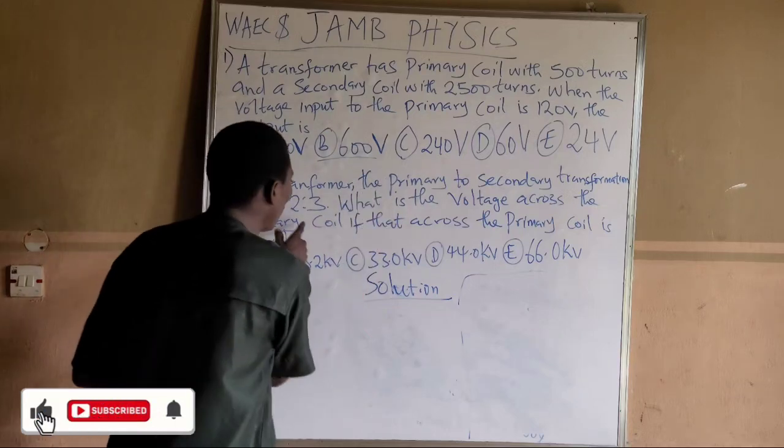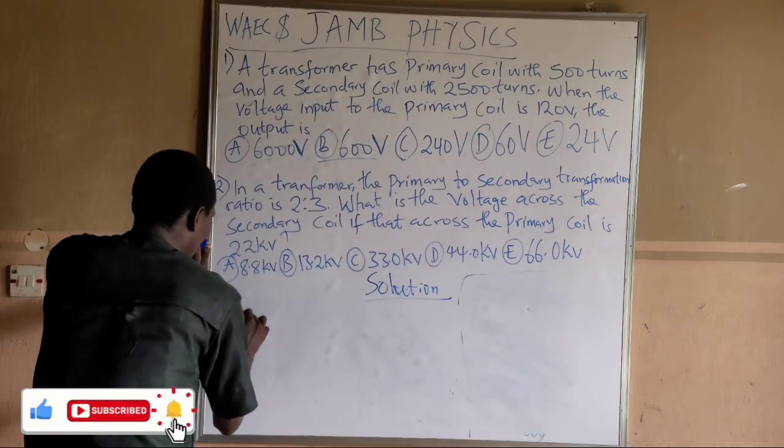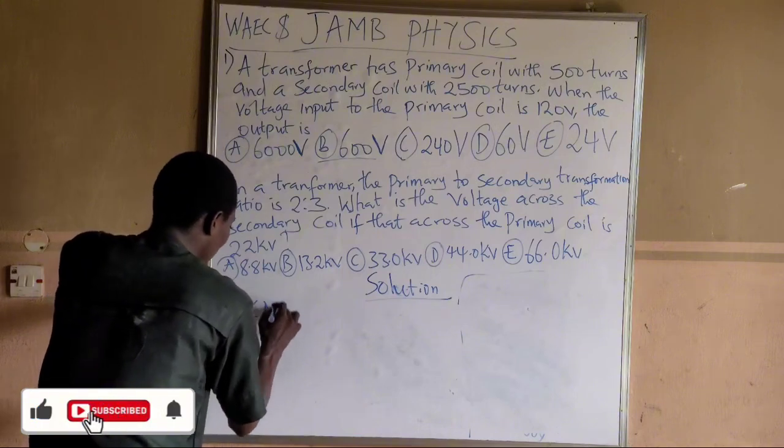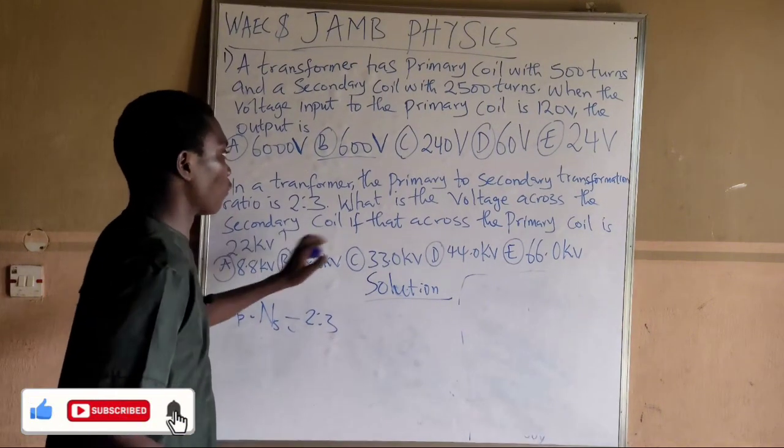That is the number of turns in primary to secondary. The number of turns in primary to the number of turns in secondary is 2:3. Take note of that.